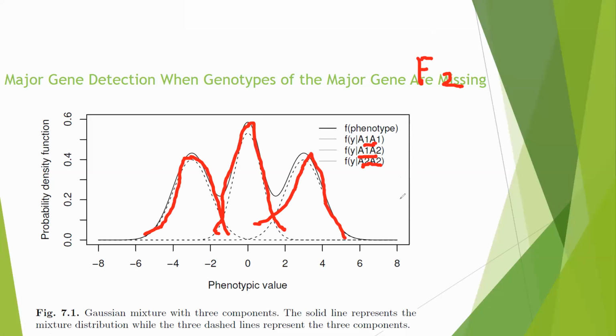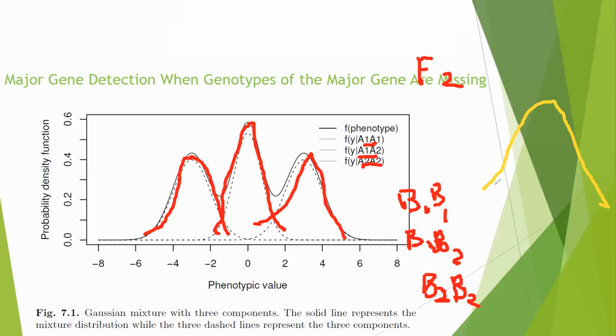However, if for some locus, let's say B1, B1, B1, B2, this is another locus, and this locus follows Hardy-Weinberg or the proportion of F2, however, this locus is not relevant to the phenotype of interest, what do you see if you plot the data? You're going to see the mixture together, right? You only see this because you do not see the segregation.